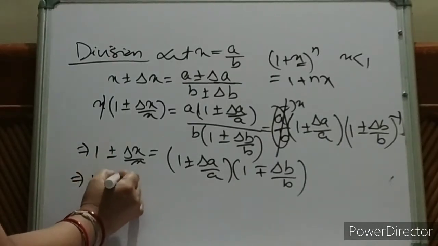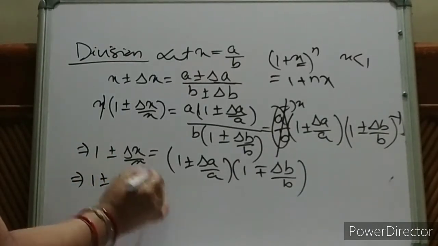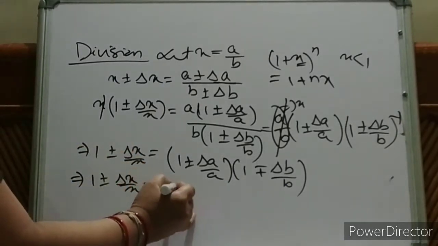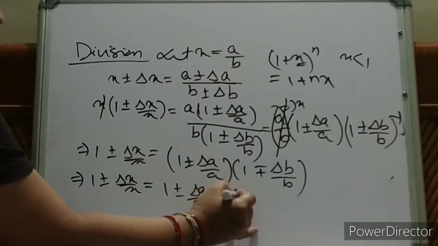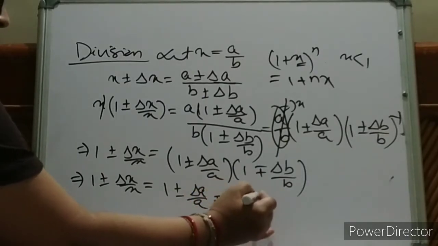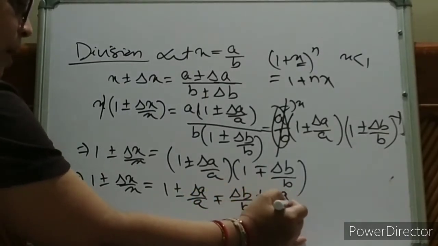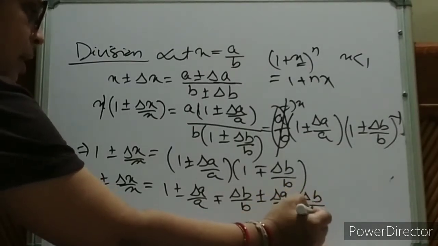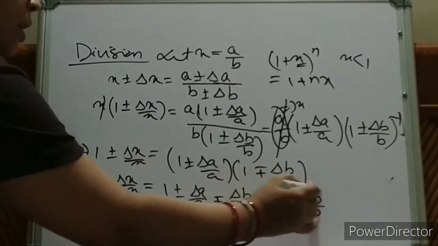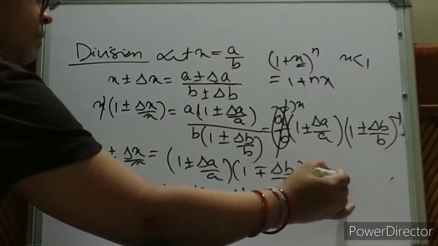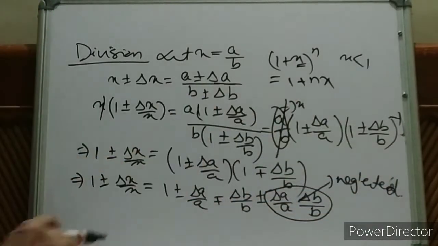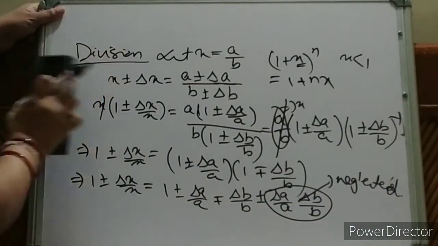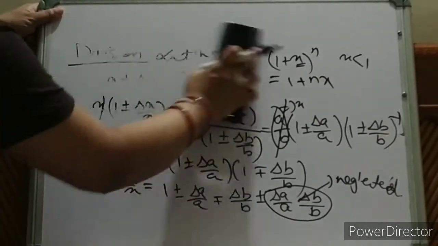So 1 plus minus delta x by x is equal to 1 plus minus delta a by a minus plus delta b by b plus minus delta a by a delta b by b. Again we'll neglect this, as we have discussed in the case of multiplication. We'll neglect this quantity. So what is your final result? I can erase this.